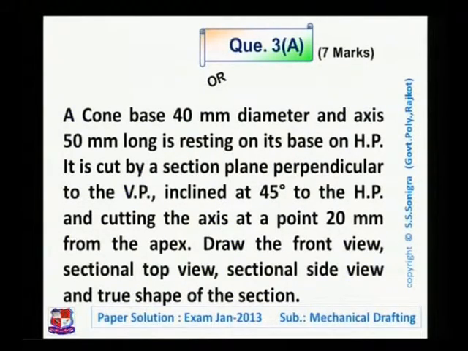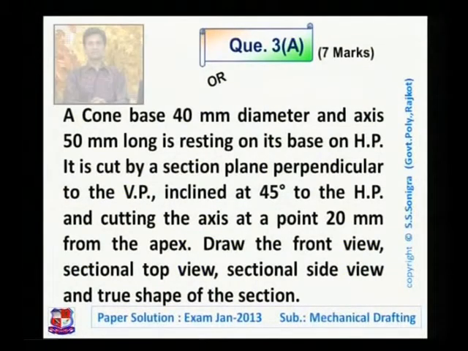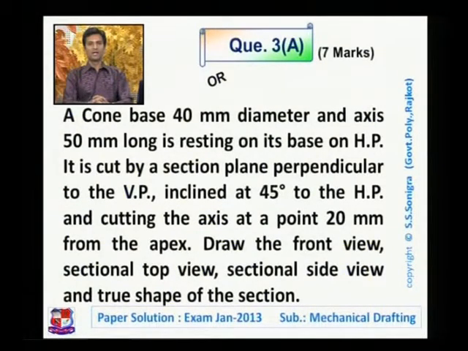It is resting on HP. It is cut by a section plane perpendicular to VP, inclined at 45 degrees to the horizontal plane, and cutting the axis at a point 20 mm from the apex. Draw front view, sectional top view, sectional side view and true shape of the section.